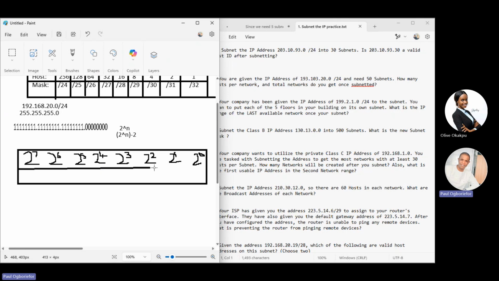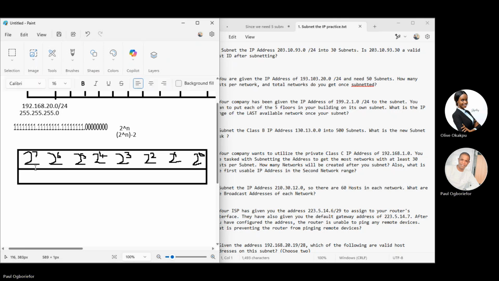Let me quickly pick up my text. Here will give you 128. And this one will give you 64. And this one will give you 32. And this one will give you 16. And this one will give you 8.